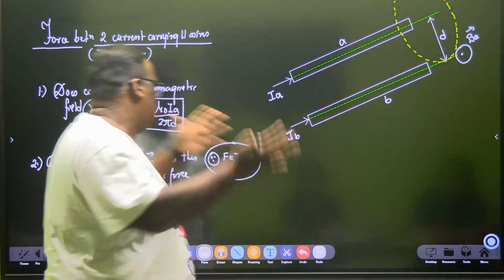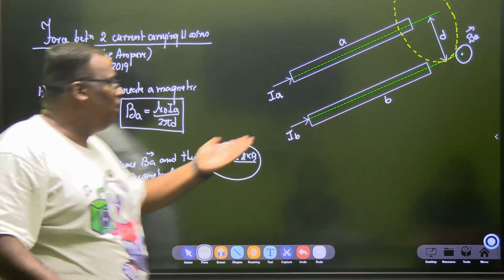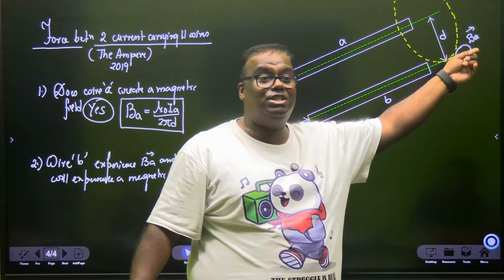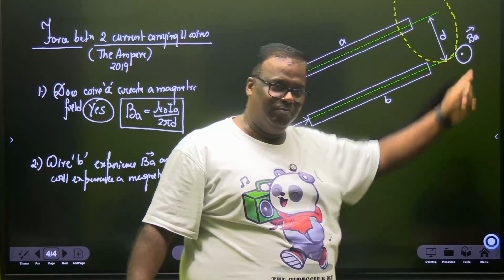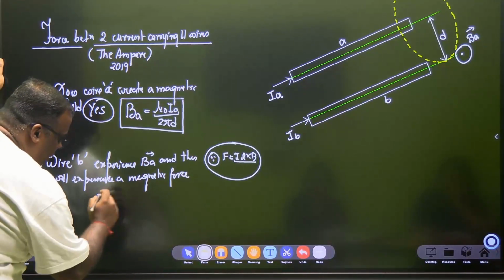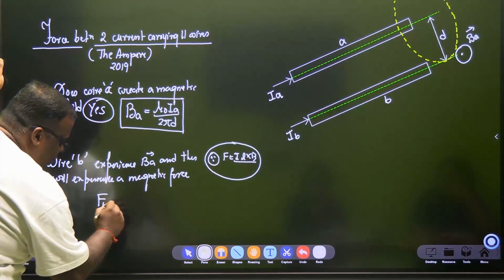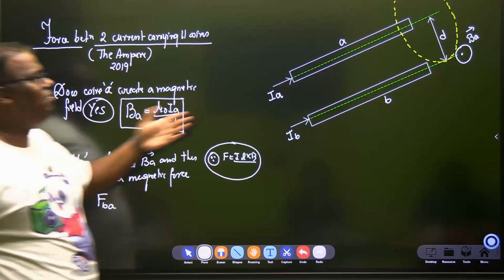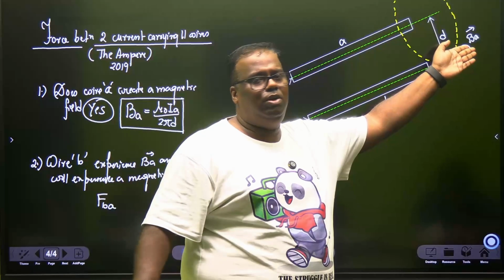Now put that story out here. My poor little wire B is now sensing this magnetic field which is created by A. So this is the magnetic force on B due to A. Why due to A? Because if A was not there, the magnetic field wouldn't be created.